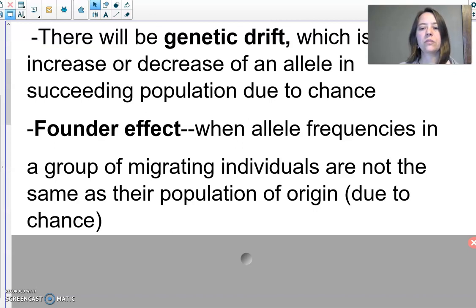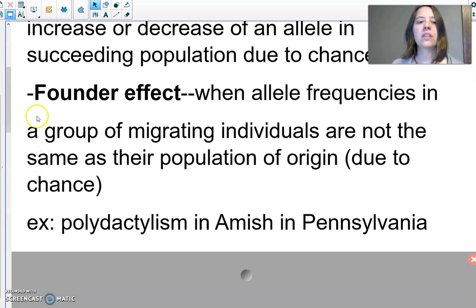Let's look at an example to explain it. We know that the founder effect is when the allele frequency in a group of migrating individuals is not the same as the original population. We're going to look at polydactylism in the Amish in Pennsylvania. Polydactylism is having an extra finger.